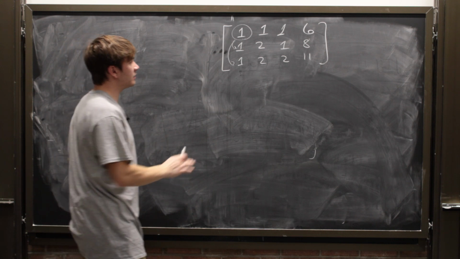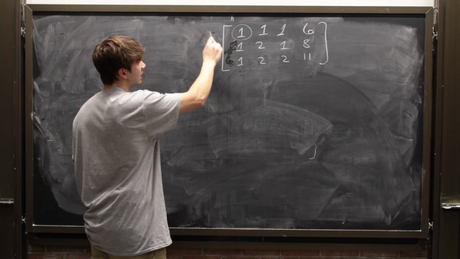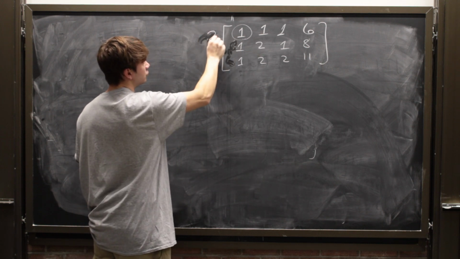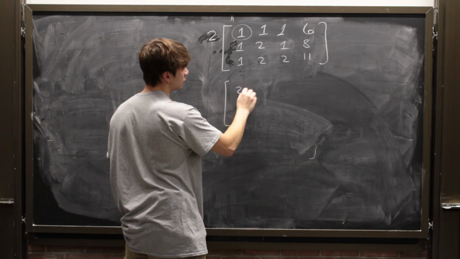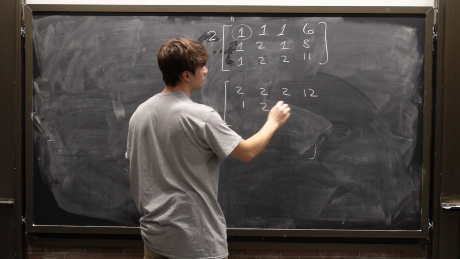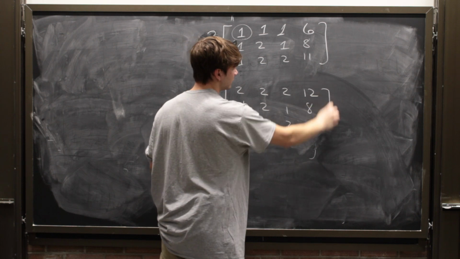And the things that I'm allowed to do to manipulate this matrix: I'm allowed to multiply the rows by a number. So let's say I can multiply this row by the number 2, and that would give me 2, 2, 2, 12, 1, 2, 1, 8, 1, 2, 2, 11. Okay?